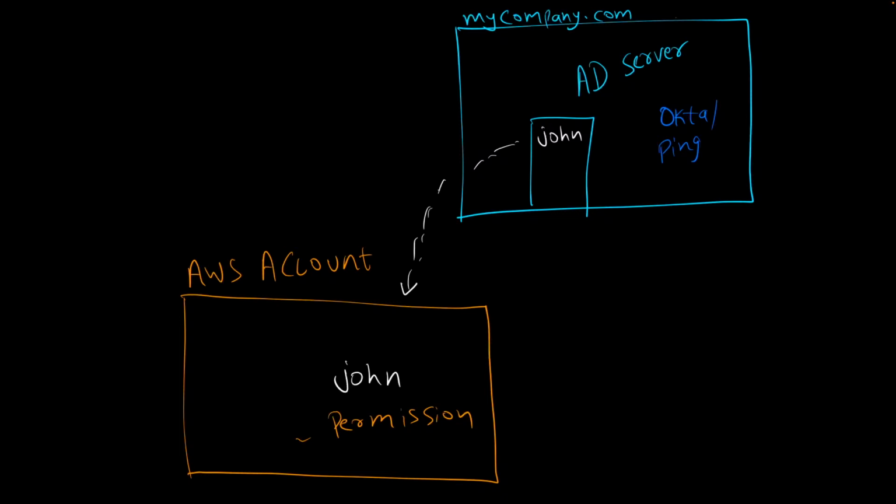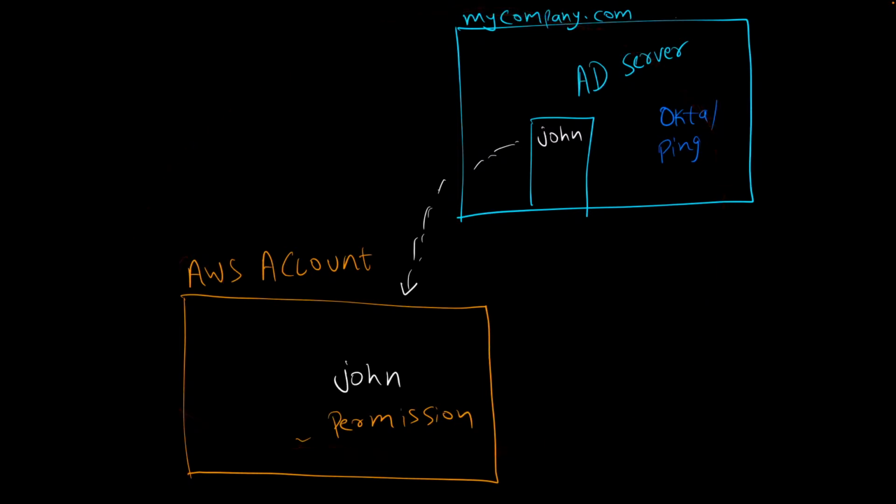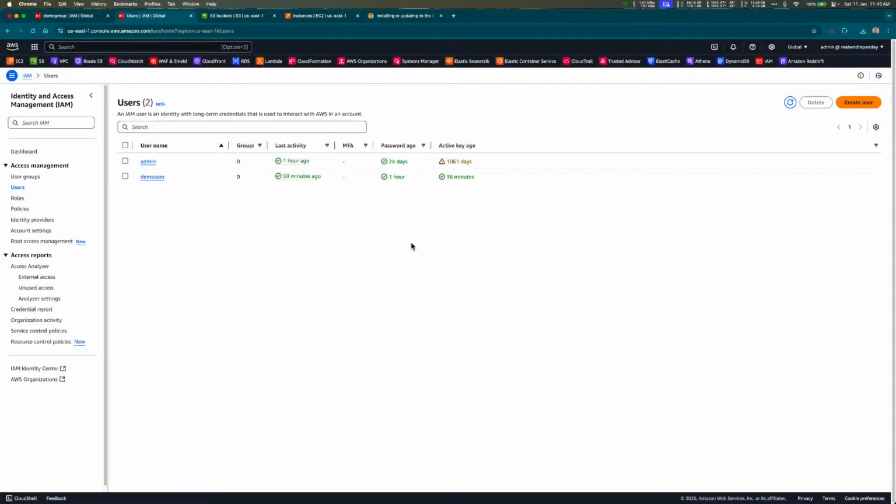That's federated identity, right? Because now there are two entities involved. There is my company and there is AWS. So since we are talking about multiple companies coming together, it's federation, right? Federated identity. Let's have a look at it. I'm going to show you a demo for the same.